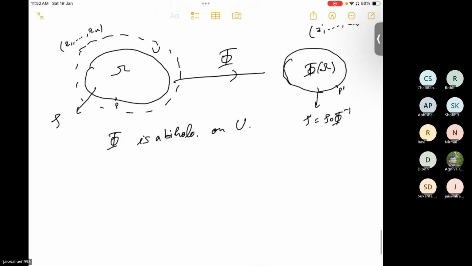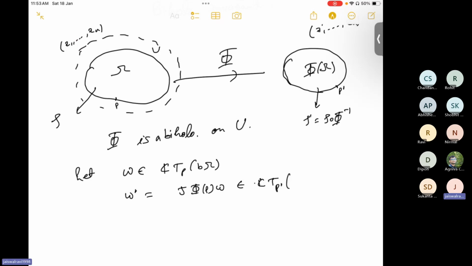So if W is in the complex tangent space of the boundary of omega, then W prime, which is the Jacobian of phi at P applied to W, is also in the complex tangent space at P prime of the boundary of phi omega, which is omega prime.